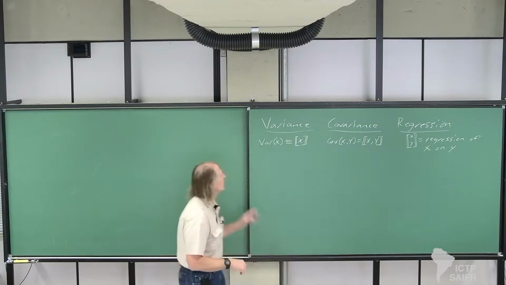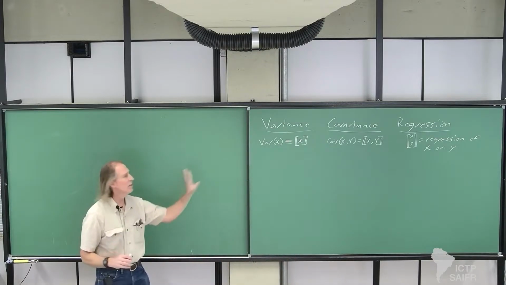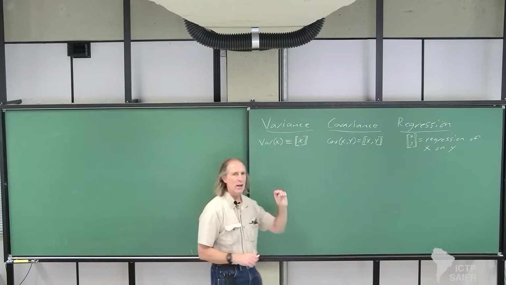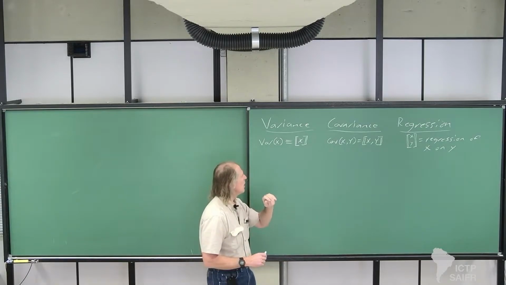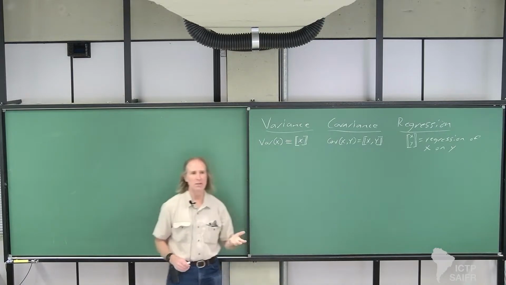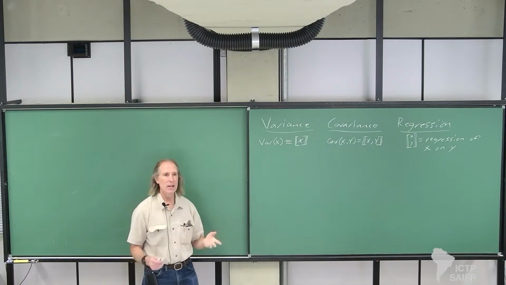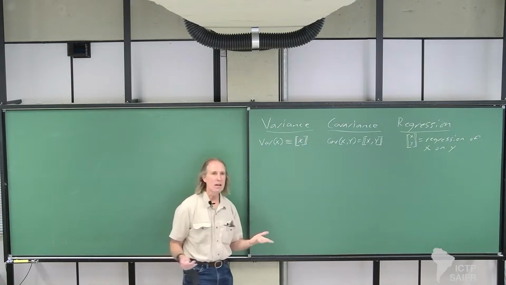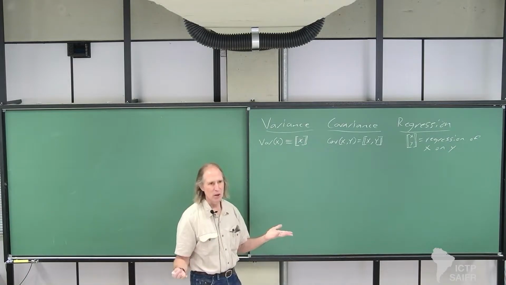Okay. Now, I assume you're all familiar with these concepts. I just want to point out a couple of things about them. When we talk about the variance of something, a way to think of it is it's the mean of the thing minus its own mean squared, right?